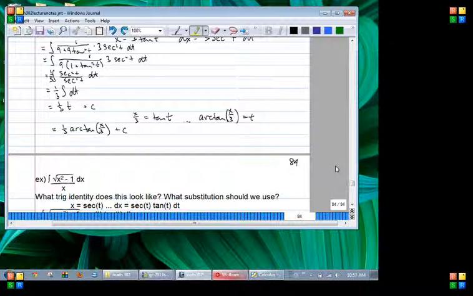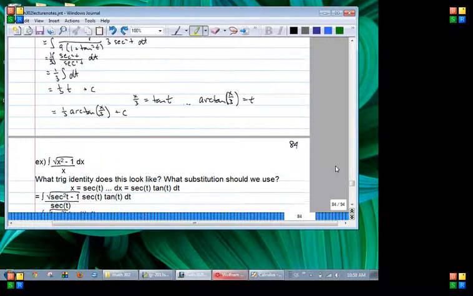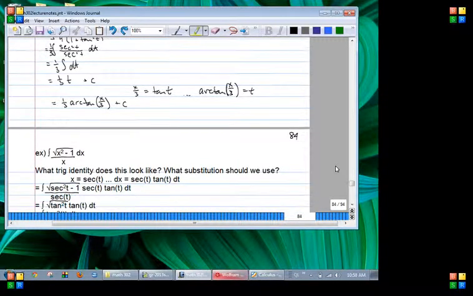And notice that in this case, the constant is 1, so there's nothing to worry about as far as that goes. So x equals secant t, and then from that dx equals secant t tan t dt. And replace. So you substitute, you get this. And now we just need to do a little bit of trig replacement and then some algebra.